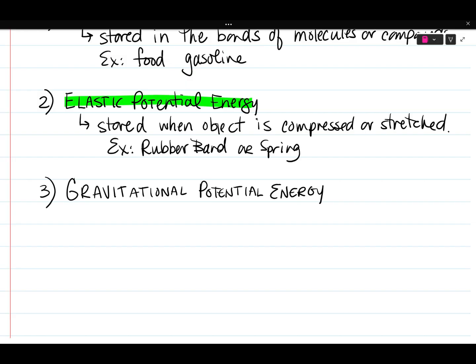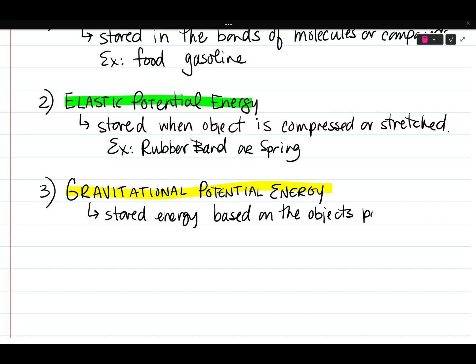Gravitational potential energy is the stored energy in an object based on the object's position above the Earth's surface.